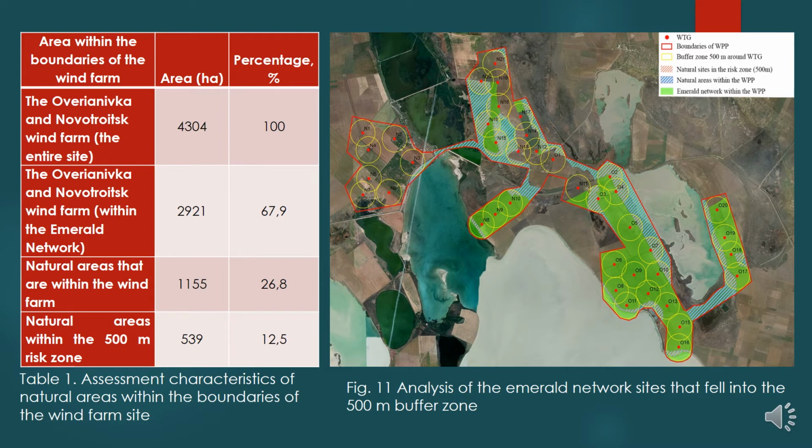The territory of the Emerald Network was considered in detail, which part of it are natural and which are anthropogenic. Particular attention was paid to natural areas and their location relative to the 500-meter zones of impact. Estimated characteristics based on the cartographic analysis are presented in table 1.